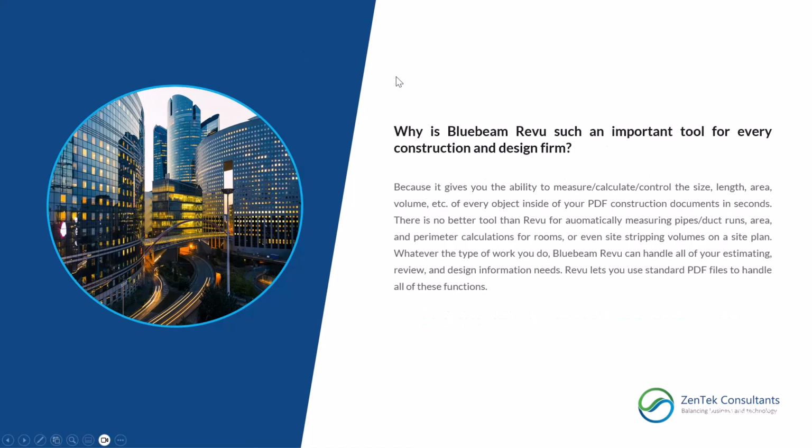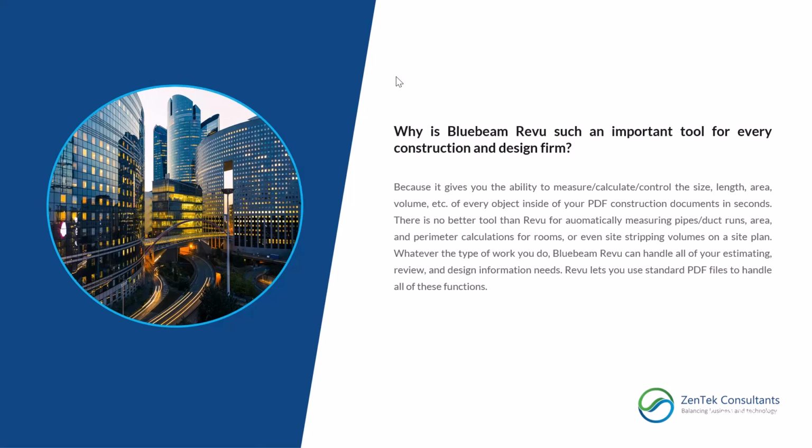So why is Bluebeam Revu such an important tool for every construction and design firm? Because it's going to give us the ability to measure, calculate, and control the size, length, and area of every single type of object inside of your PDF documents, all within seconds.